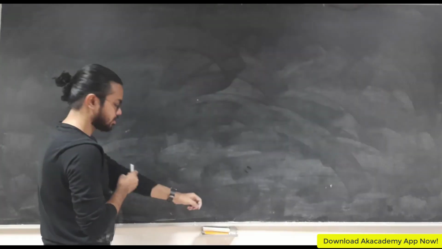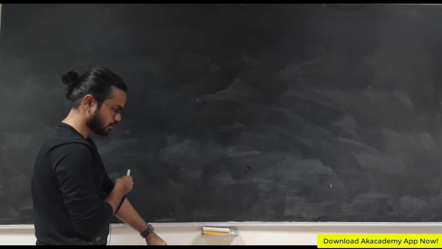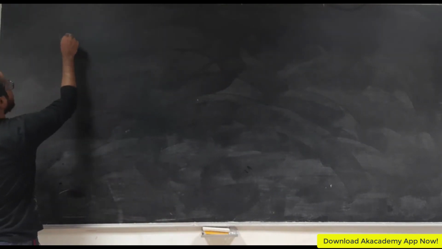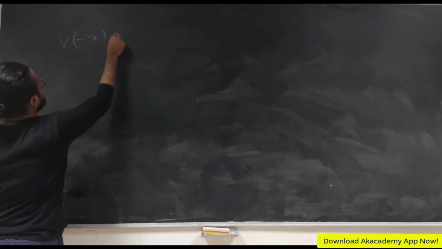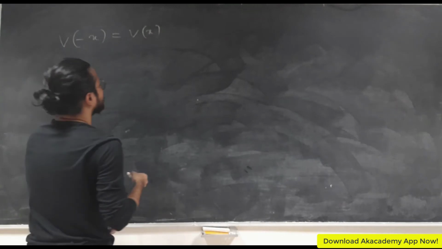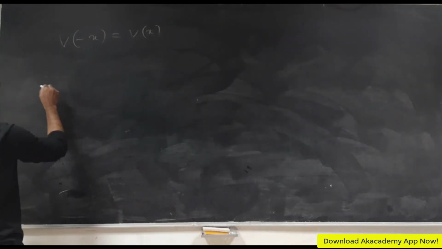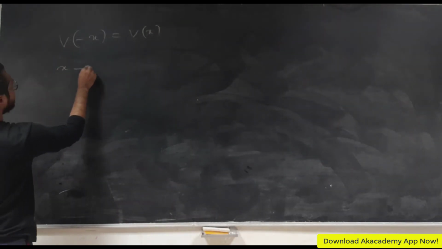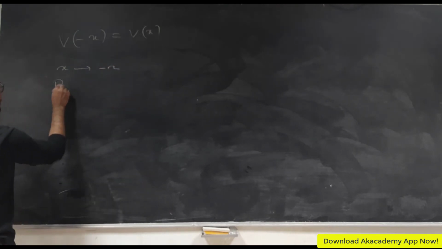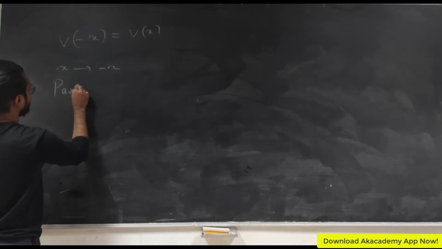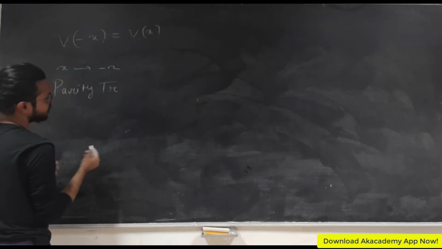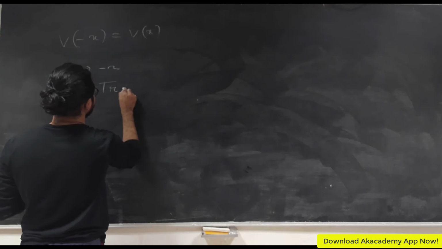If the potential under consideration has this type of symmetry, V of minus x equal to V of x, where x is transformed into minus x, this kind of transformation is called parity transformation, and this is a very important transformation in physics, in modern physics.